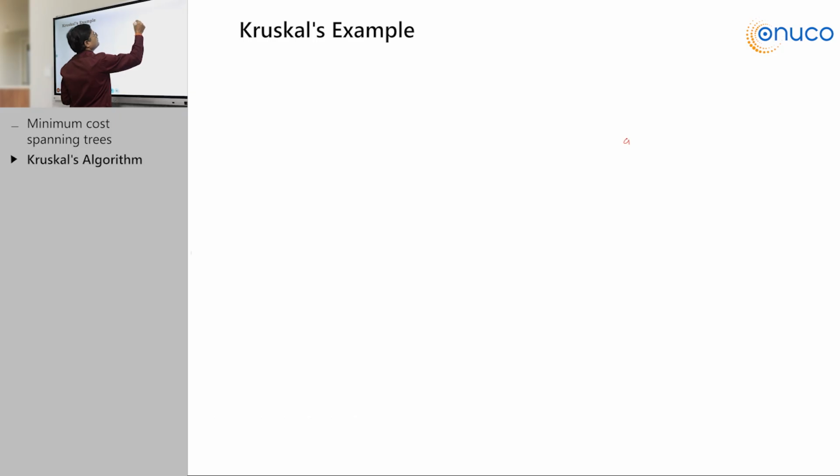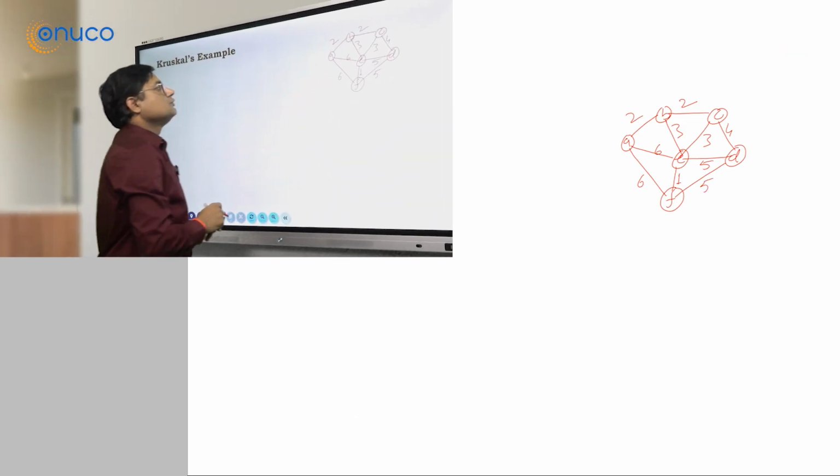Say we have input vertices A, B, C, D, E, F, with edge weights 2, 2, 3, 3, 6, 5, 1, 6, 4, 5.